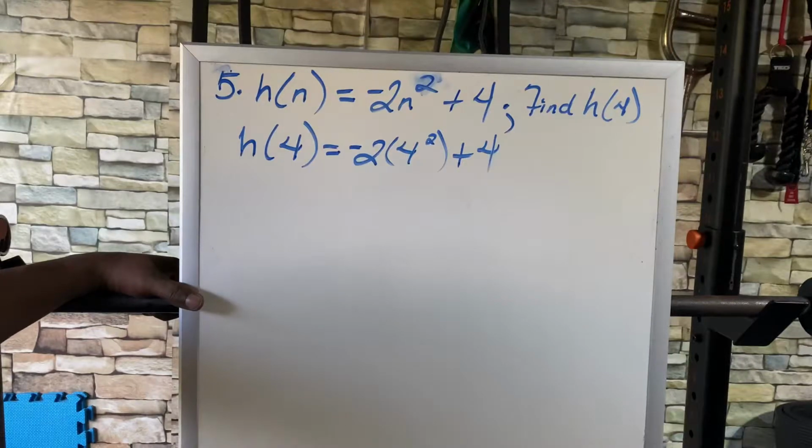The square is really attached to the n. Since 4 represents n, we say 4 squared. Based on the order of operations, we find the exponents first.